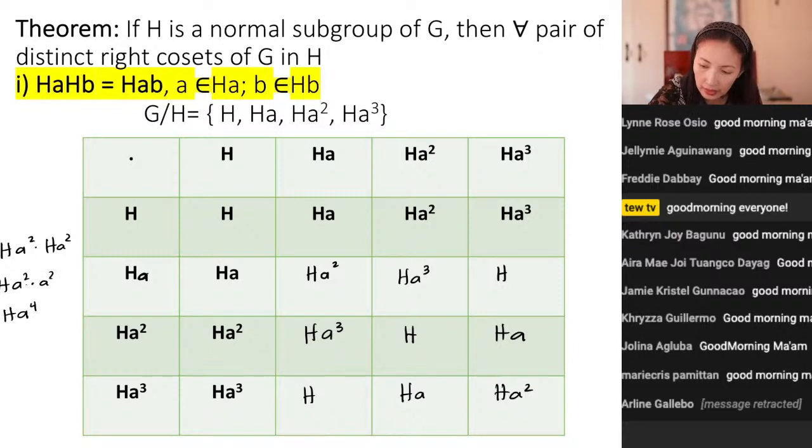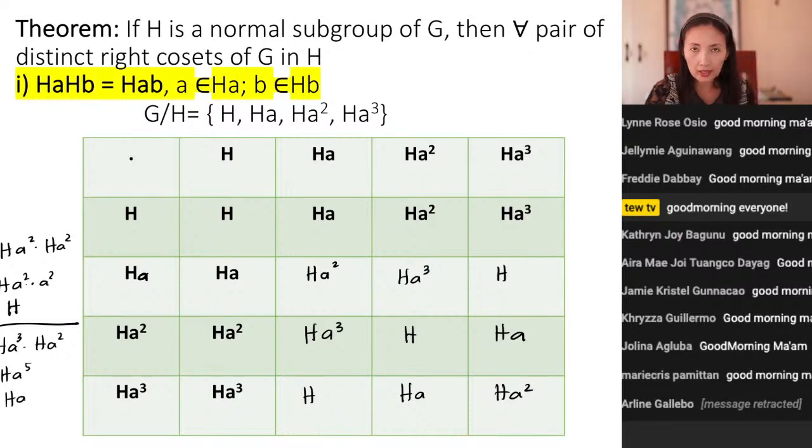But we only go up to HA to the third, so this should be equal to H. So it gets back to H. And then if we have HA cubed times HA squared, that will be HA to the fifth, but that is reduced to HA.